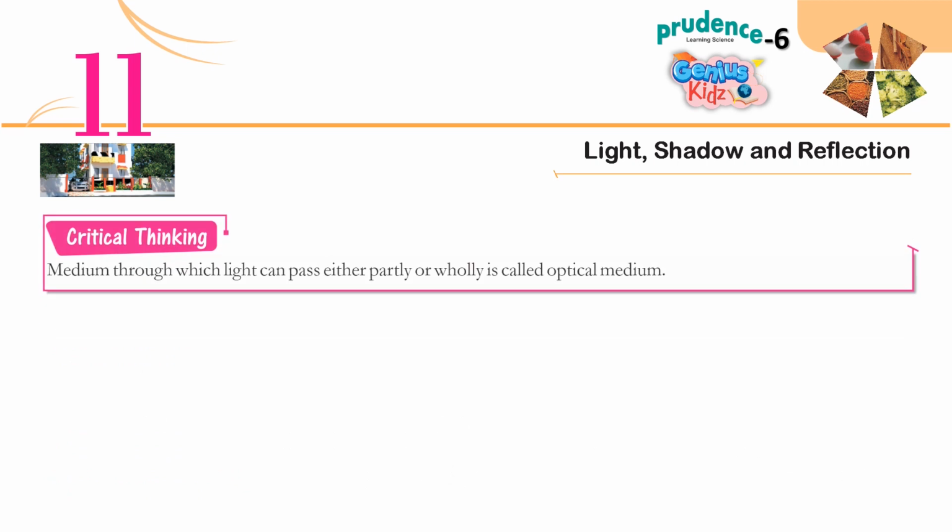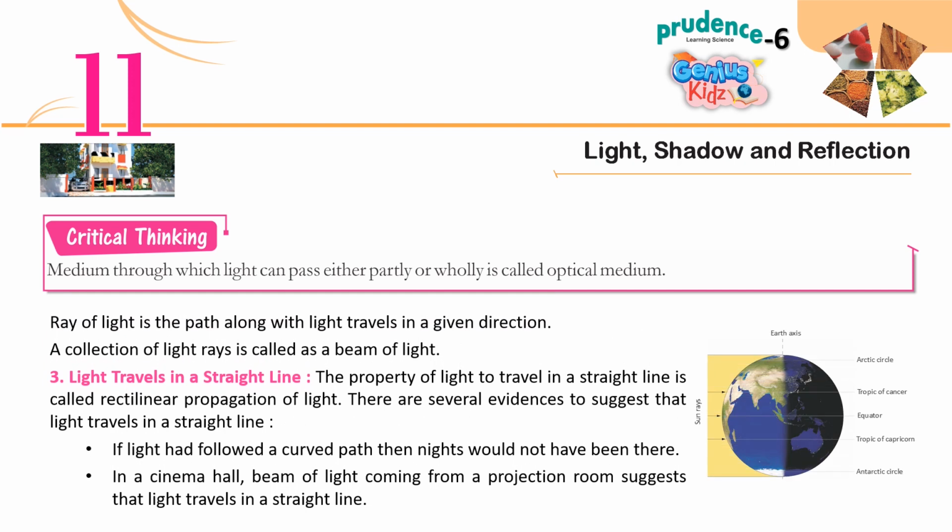Critical thinking. Medium through which light can pass either partly or wholly is called optical medium. Ray of light is the path along which light travels in a given direction. A collection of light rays is called a beam of light. 3. Light travels in a straight line.